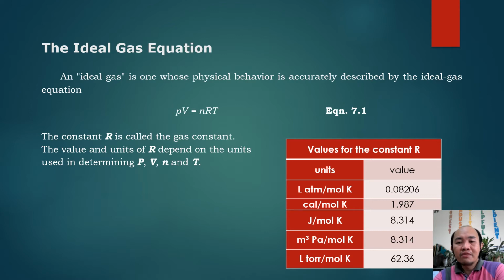If the unit used for the constant R is cubic meter Pascal per mole Kelvin, then the value is equal to 8.314. And if the unit used for the constant R is liter torr per mole Kelvin, then the value that we have to use is 62.36.